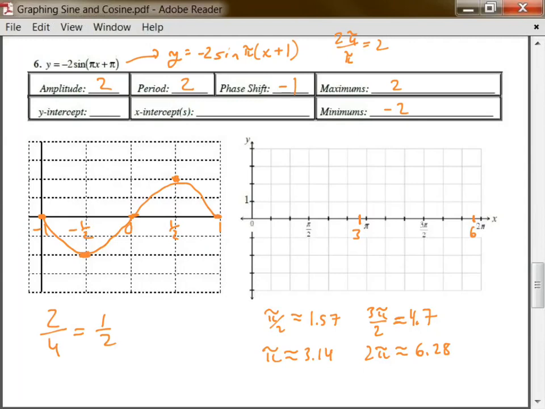And then I kind of divide stuff up. So that's going to be 1, that's going to be 2. This is going to be 4, and this is going to be 5. Boom. This is actually a lot nicer when you have this kind of scale, just counting by ones.